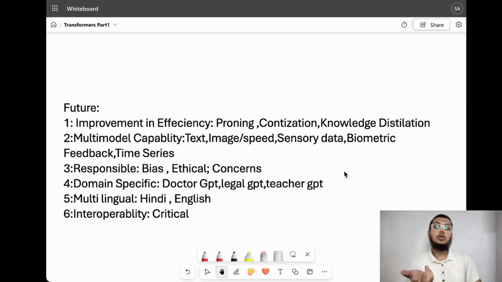Recently, the founder of Ola has started a company called Krutrim AI. I guess the company is also training transformers from scratch in Hindi. So, if transformers are trained in different languages, then something very exciting can come out of that also.